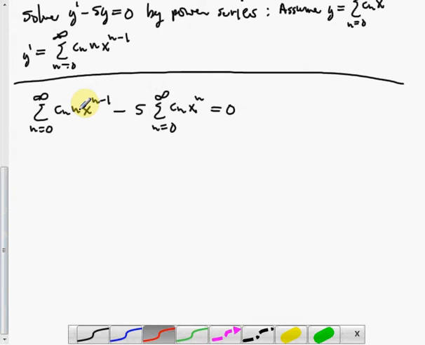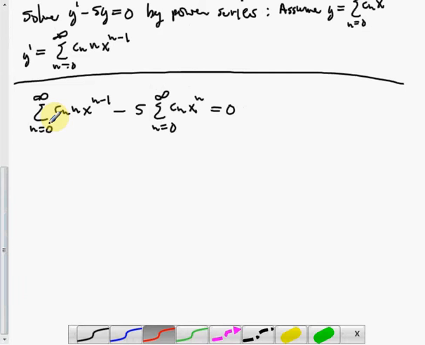Not the whole summation, but just that first term, because of this n sitting right here. If n is 0, then 0 times the rest of those terms, the c sub n times x to the n minus 1, is going to give me 0. So it's safe to say here, for this particular summation, I can start this guy at n equal to 1, and from 1 to infinity, without any loss of generality. Because that first term at n equals 0 is 0 anyway.